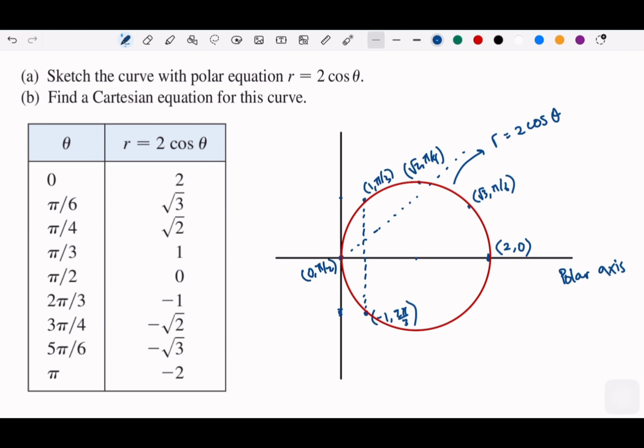Because sine and cosine complement each other, we suspect it will be another circle with sine. Let me give you a shortcut to get to know this, and then you can check whether that is correct or not. This is 2 cosine theta.